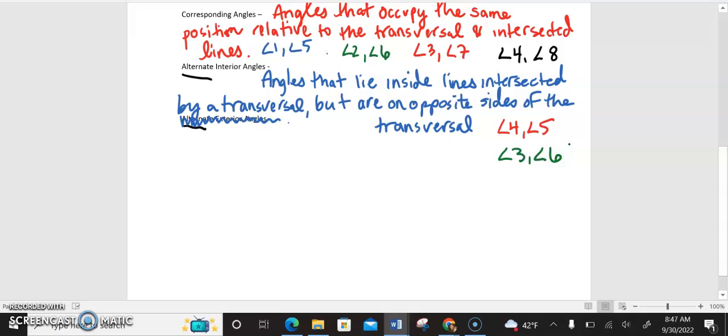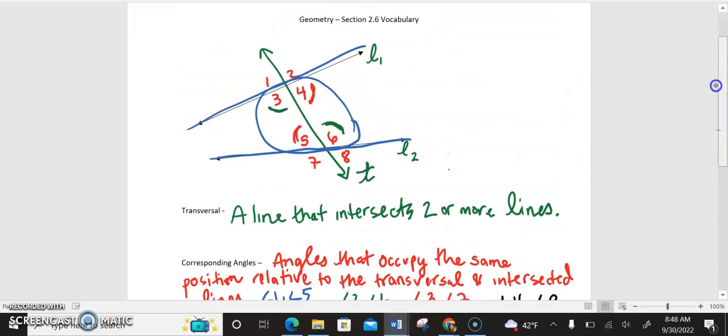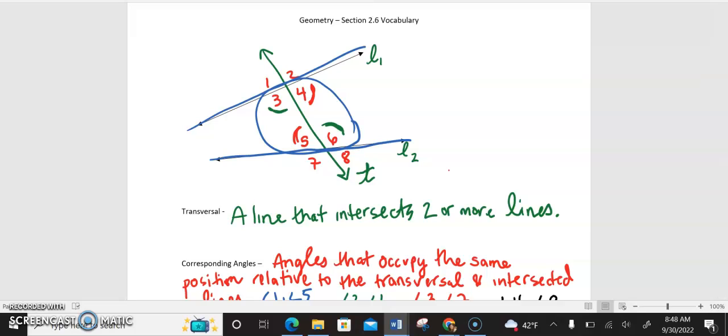And so alternate exterior is the same sort of idea, the alternate meaning one on the left and one on the right, but exterior meaning they're on the outside of the lines that are cut by the transversal.